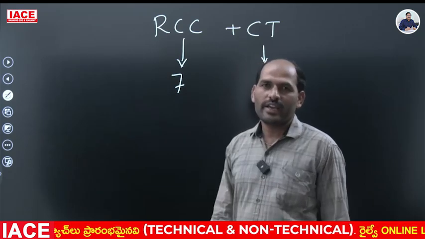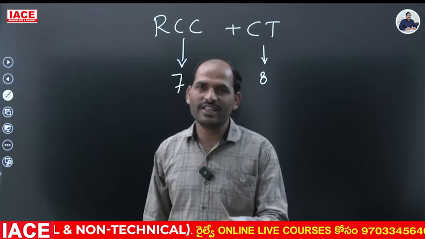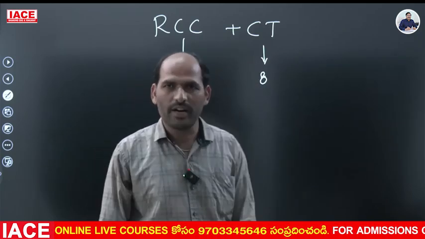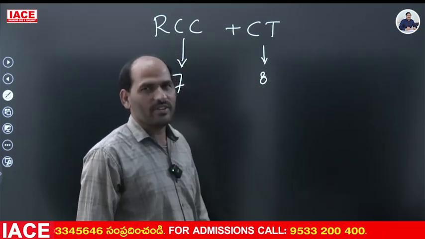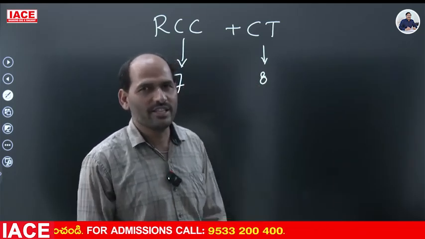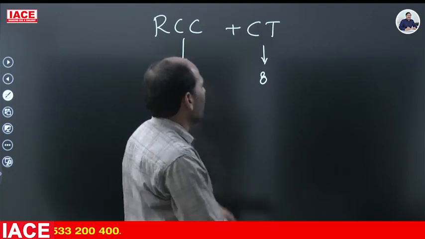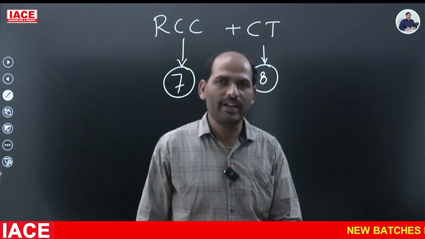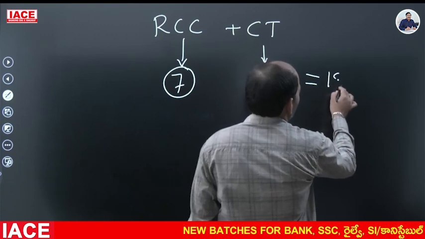That means in RCC, reinforced cement concrete, one is the design part and one more is the concrete part, that is the material part. For only the design part of RCC it is 7 marks, and the material part is 8 marks. So the total weightage of this subject is 15 marks.